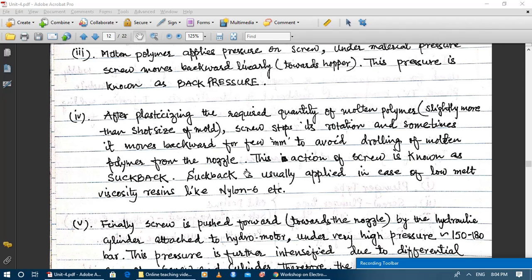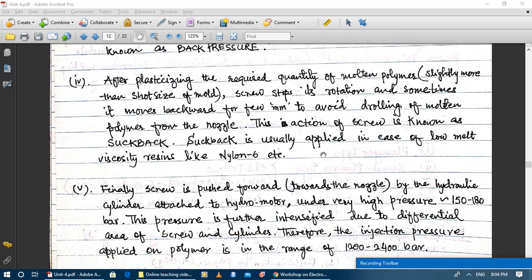Suck back means the screw will move a few mm, 5 mm, 6 mm or 10 mm, backward so that the melt pressure is reduced and molten polymer does not flow out of the nozzle before injection.